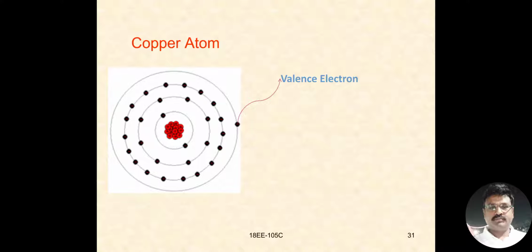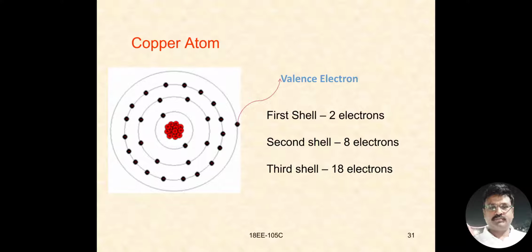Valence electron is 1. First shell there are 2 electrons. Second shell 8 electrons. Third shell 18 electrons. Fourth shell, that is the last orbit, outermost orbit, only one valence electron.